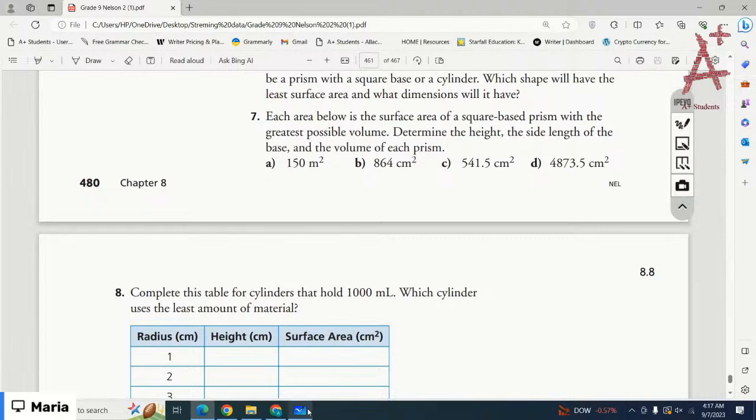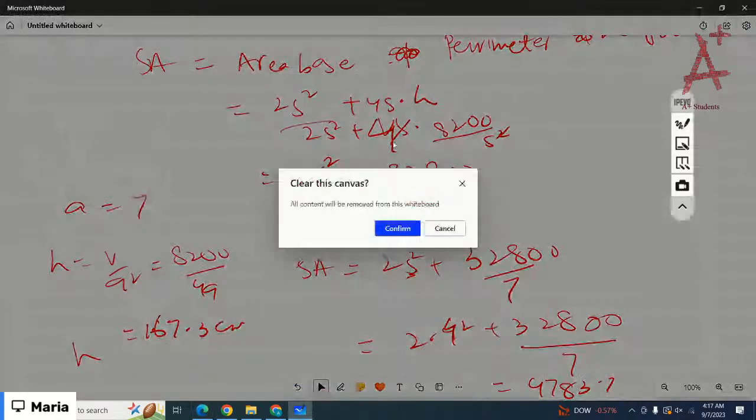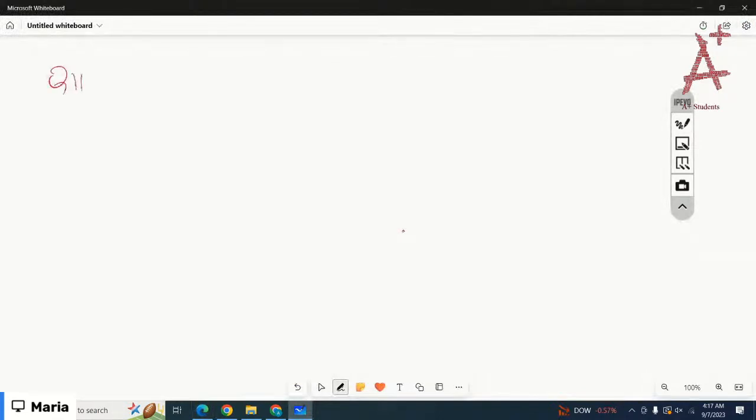Question number 7a. So let's consider that the square based prism with maximum volume is a cube, right? So the surface area of the cube is 6a square and the volume of the cube is a cube, right?